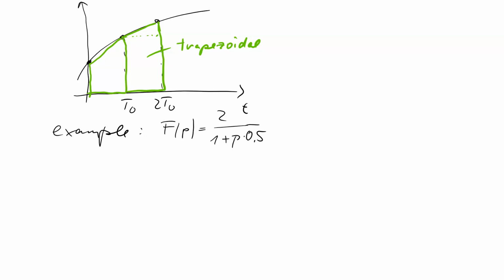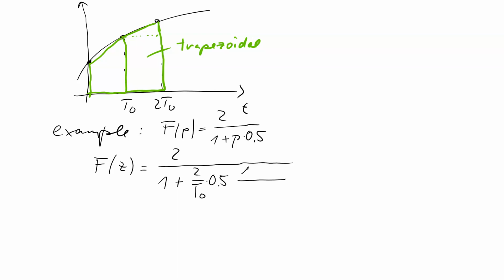If you replace p now with our new function, then we get 2 divided by 1 plus 2 divided by sampling time multiplied with 0.5, and then followed by 1 minus z to the power of minus 1 divided by 1 plus z to the power of minus 1.